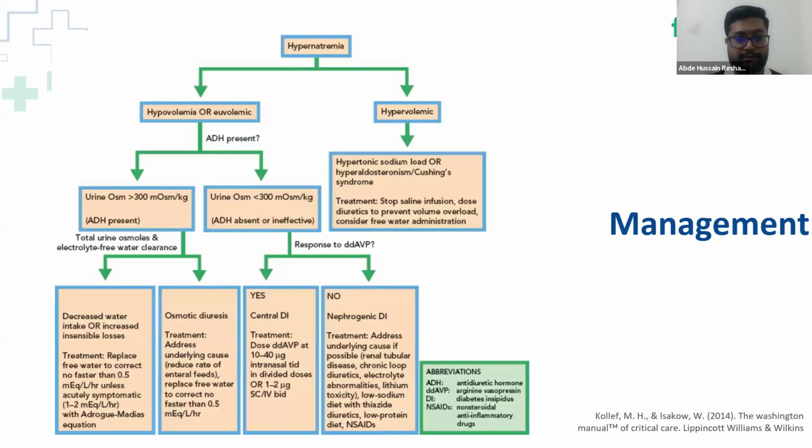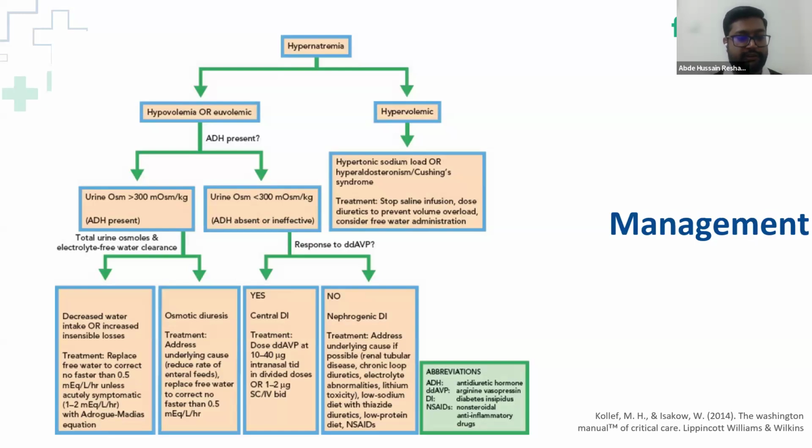We restrict that first and also treat the hyperaldosteronism or Cushing syndrome, which will eventually correct the hypernatremia. For hypovolemic or euvolemic, things are a little different. We observe the urine osmolality, how much it is, whether ADH is present or not, whether it is effectively working or not.